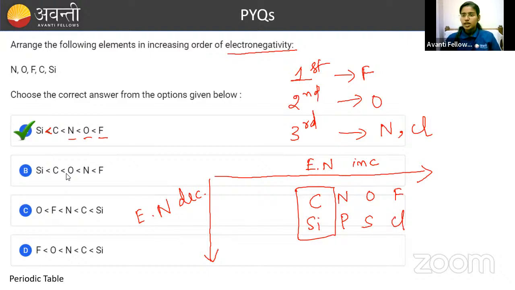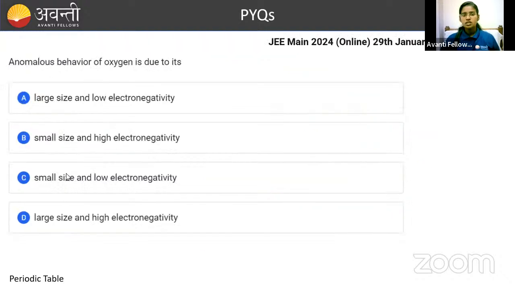The next question is from JEE Mains. The question is, anomalous behavior of oxygen is due to its. What is meant by anomalous? Anomalous means unique or different. The different or unique behavior of oxygen is due to.